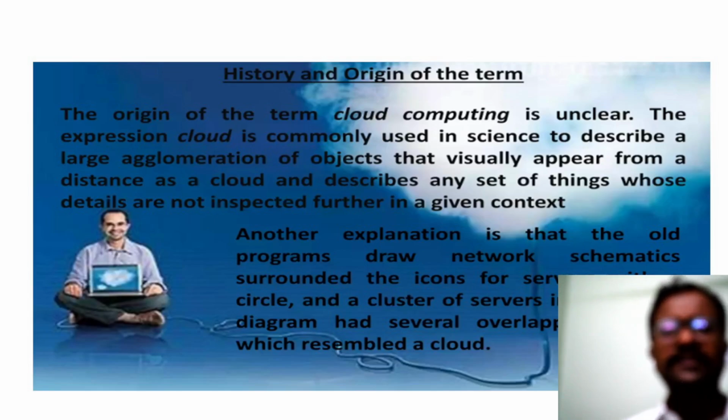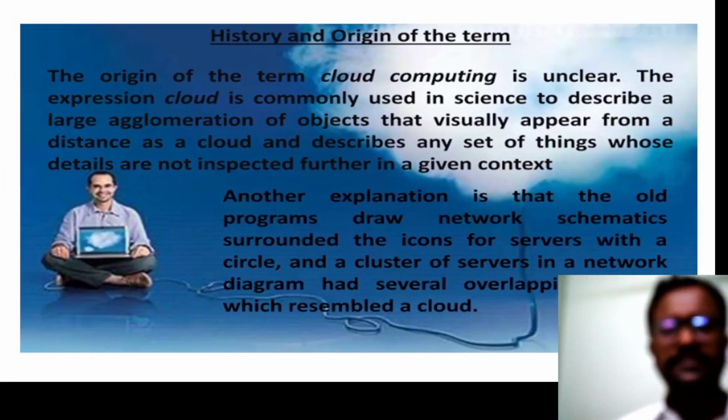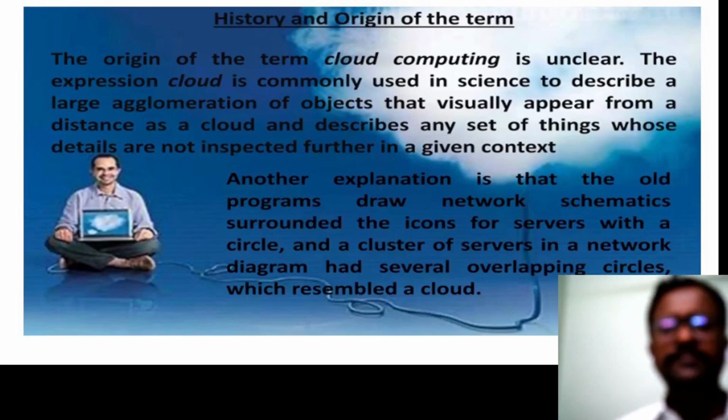Another explanation is that in olden days programmers drew a network schematic with icons for servers surrounded by a circle, and a cluster of servers in a network diagram with several overlapping circles resembled a cloud.